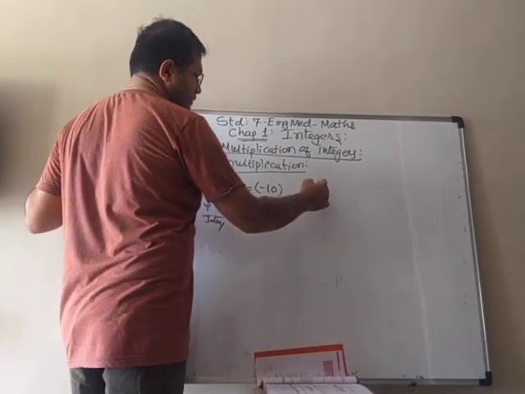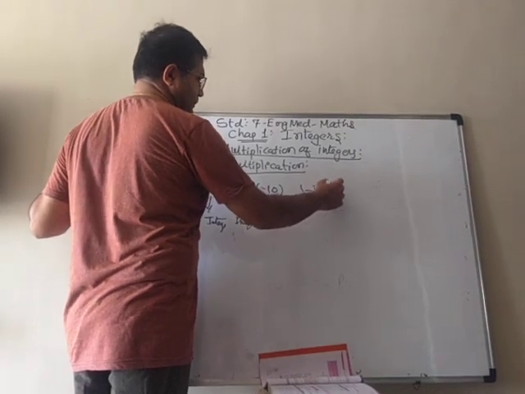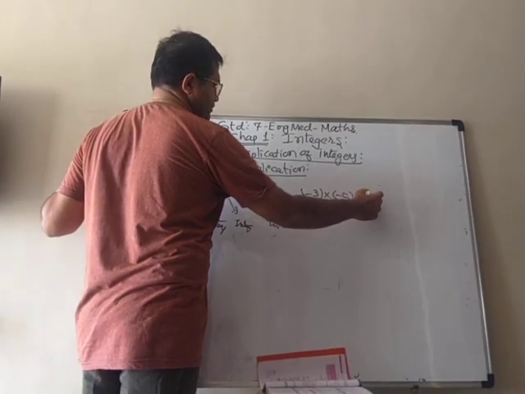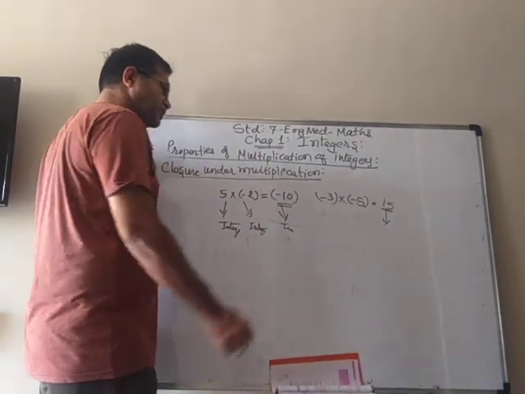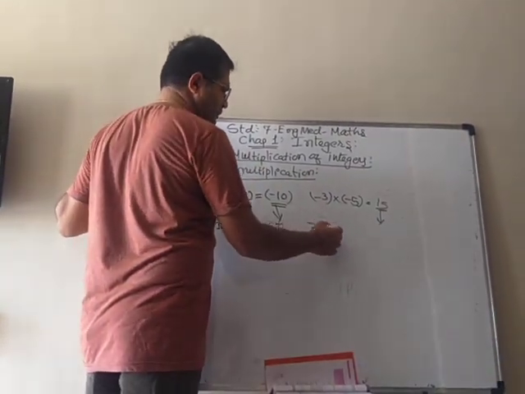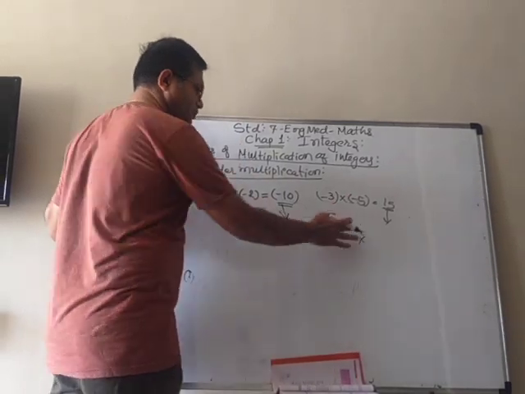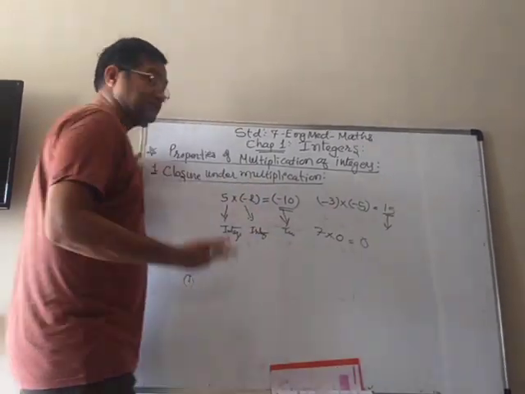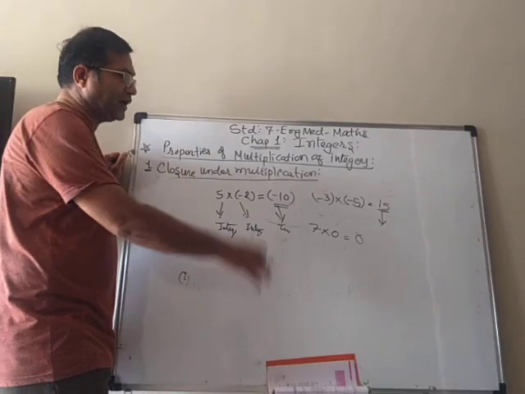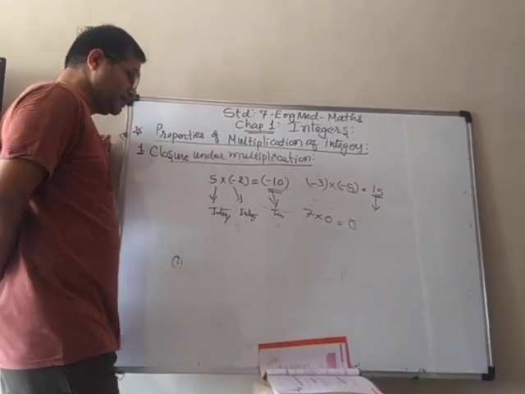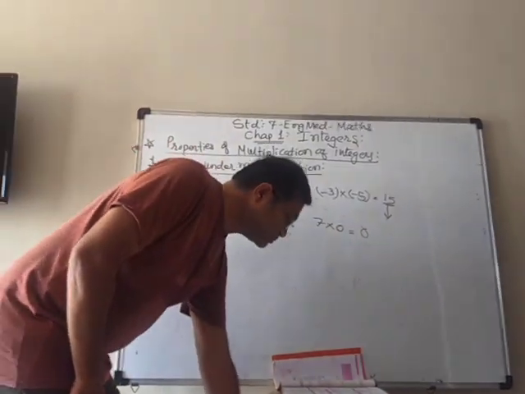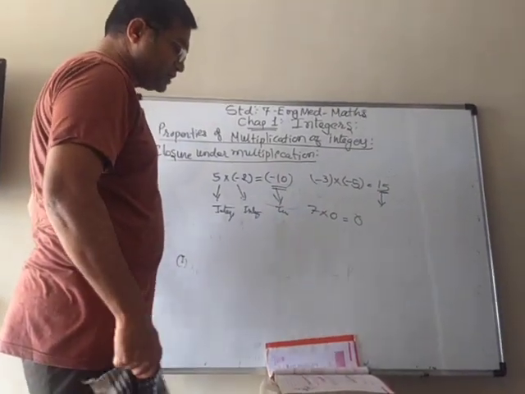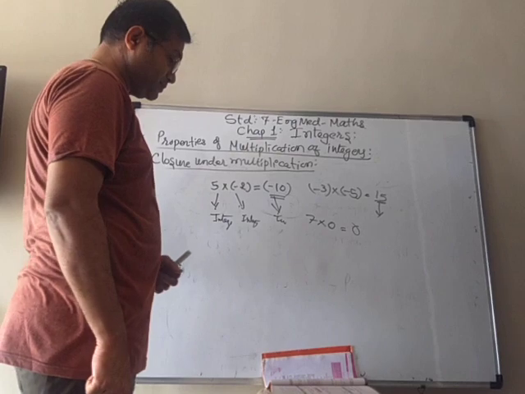You can take another, minus 3 multiplied by minus 5, that will be 15. 15 is also an integer. 7 multiplied by 0 is 0. 0 is again also an integer. It means that when we multiply two integers, the product is also an integer.